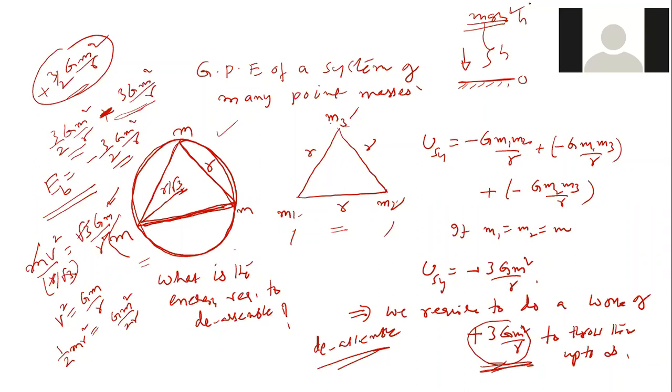Yes, I'm going. Now, tell me the gravitational potential energy of a system of masses like this, first of all, and comment on the result. They are at the vertices of a square of side a.